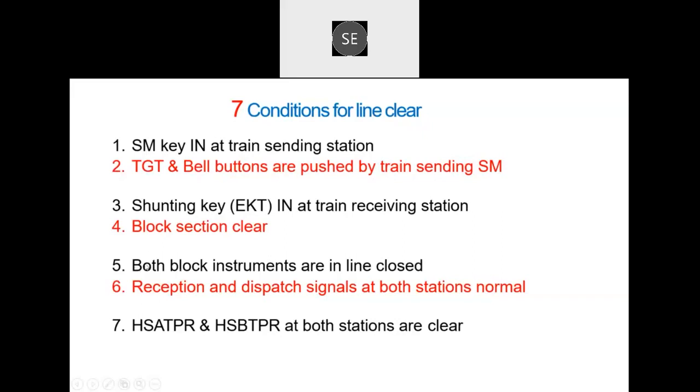Before taking line clear, both block instruments should be in line close state. Reception and dispatch signals at both stations shall be normal. 2 track circuits after home signal HS80 and home signal BT at both stations are clear. So these 7 conditions shall be satisfied before getting the line clear.